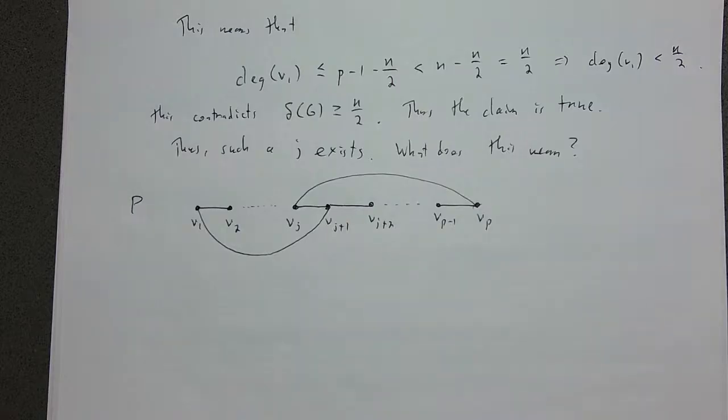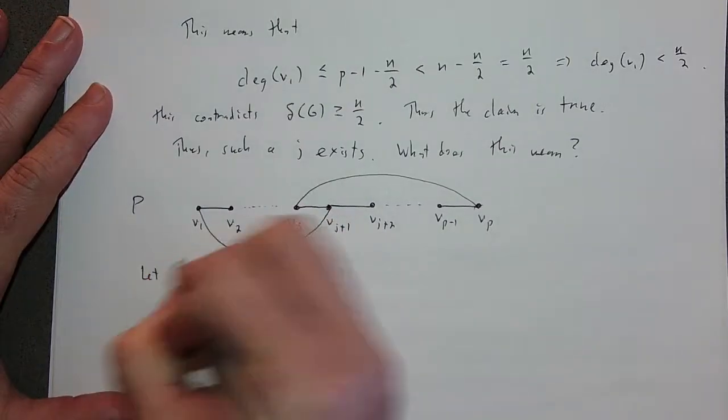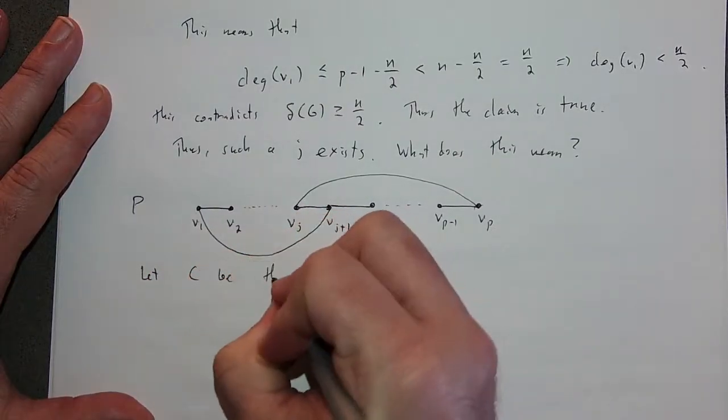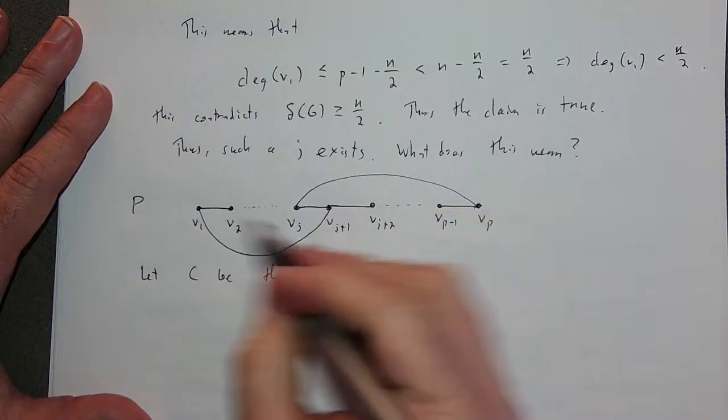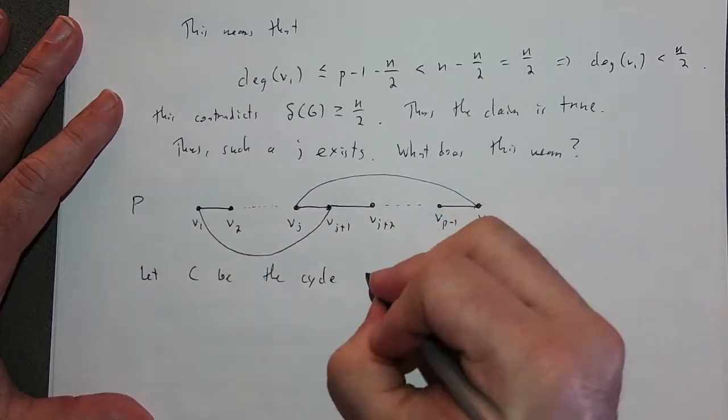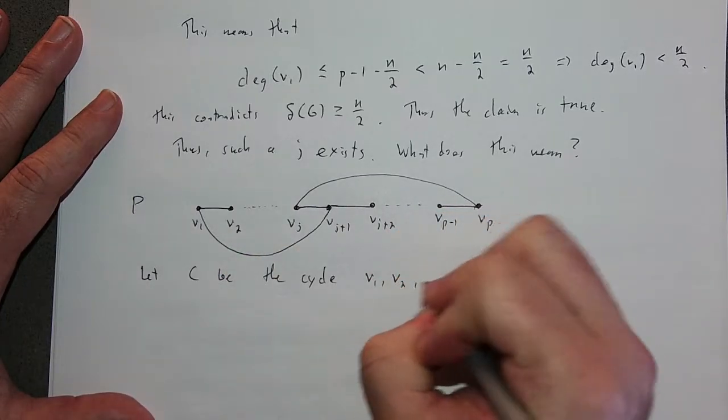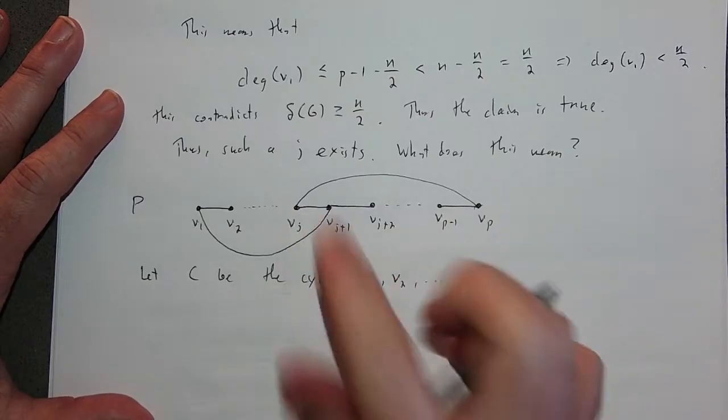Well, what if we do something a little different here? Notice this turns our path into a cycle, if we're willing to see it. How? Let's see. Let C be the cycle that takes us from v1, v2, and so on, up to vj.